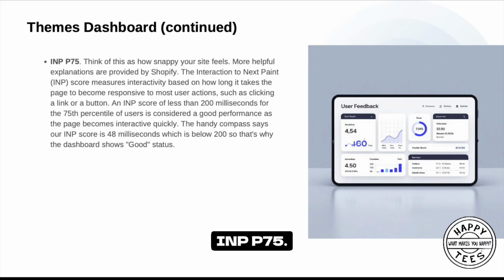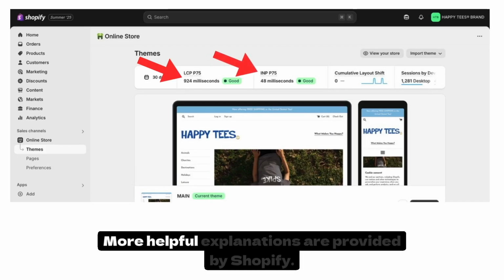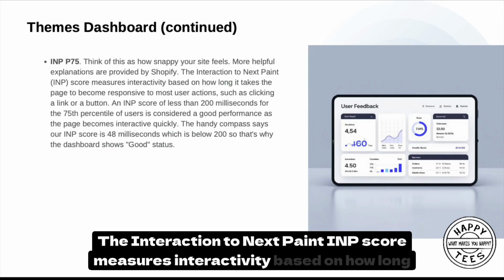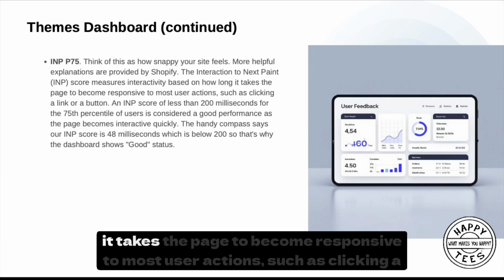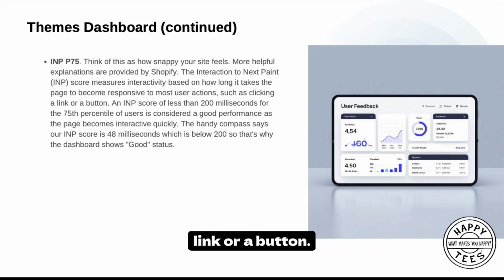INP P75. Think of this as how snappy your site feels. More helpful explanations are provided by Shopify. The interaction to next paint, INP, score measures interactivity based on how long it takes the page to become responsive to most user actions, such as clicking a link or a button.